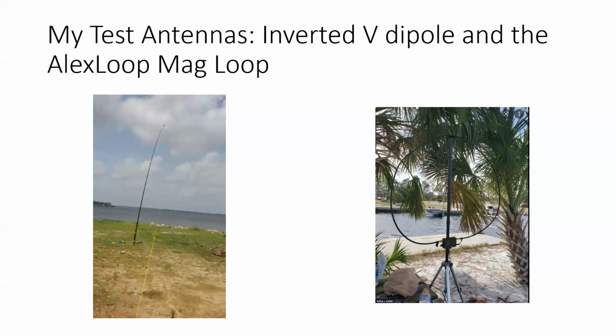That's because the signal was coming in at a high angle, and the loop looks the same no matter which way you turn it. So probably nobody runs out to get a loop to do NVIS, but it does work for it.